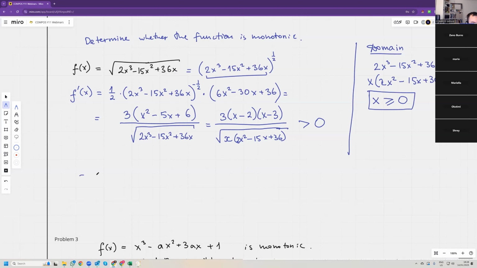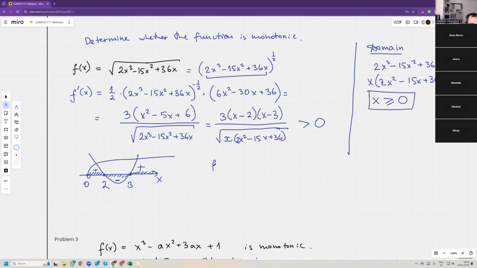It would look like this because we have two solutions, 2 and 3 and 0, of course, and it only exists if x is greater or equal to 0. So it's positive when it's here, and it's negative here.